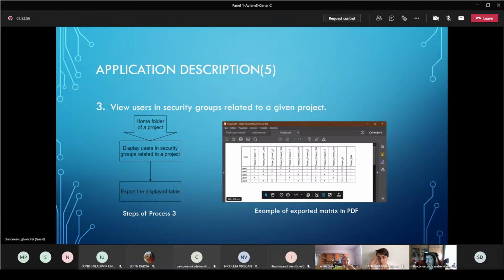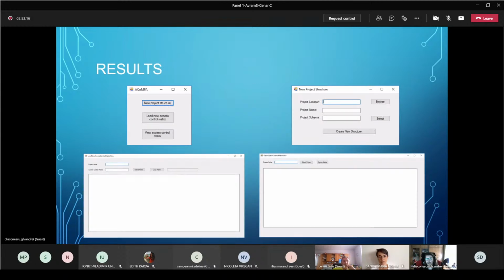It's complicated, but you can export an example of this. These are the names of the groups, including folder and type of access, and users exported from Active Directory security groups. Okay. These are results, some screenshots from the application for these three processes.